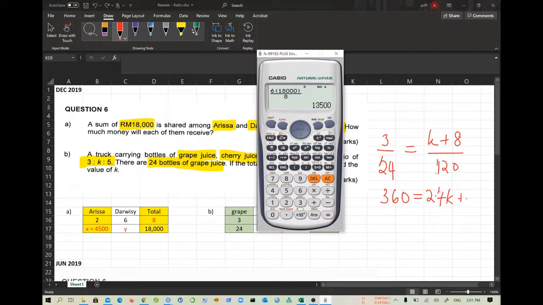If you bring up your calculator, you can multiply 8 times 24. It's 192. If you don't know how to calculate manually, just use your calculator. But in this case you can just calculate manually: 25 times 8 is 200, minus 8 you get 192.